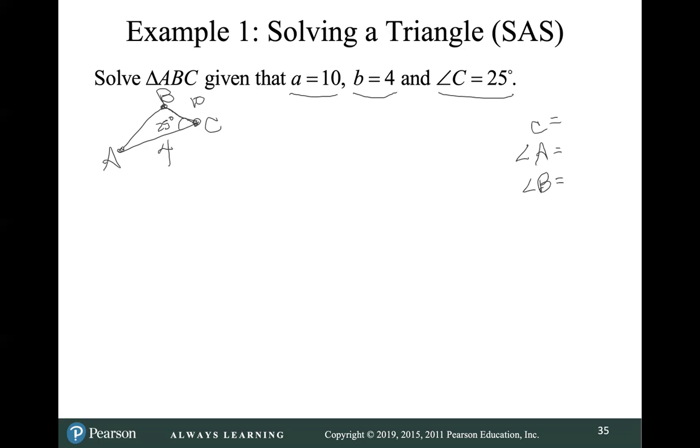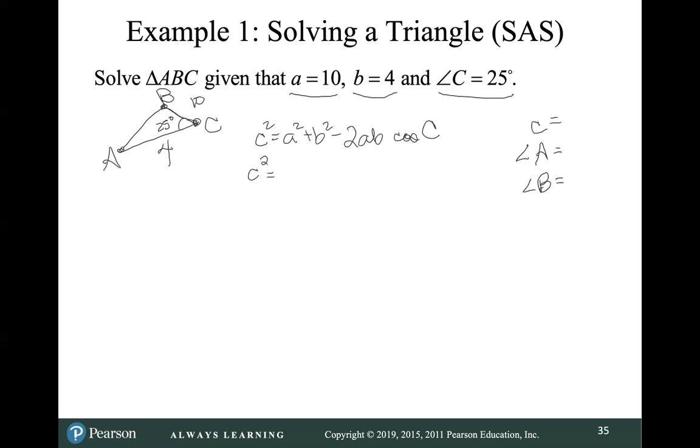Let's go ahead and start with side C. In order to find side C, I want to use the law of cosines that solves for side C. So that's C squared equals A squared plus B squared minus 2AB cosine of C. And then we're just going to plug and chug because it's already isolated the variable that we want to find.